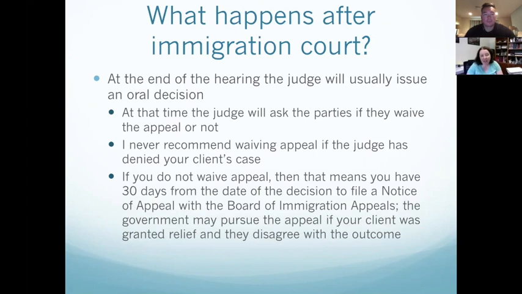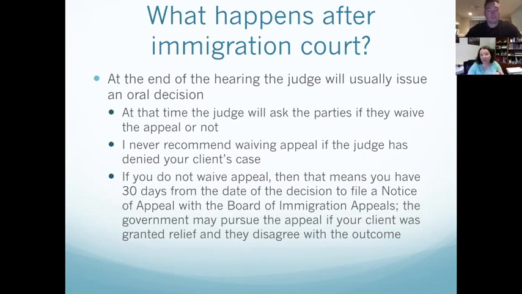If you decide to appeal, then you have 30 days to file the notice of appeal with the Board of Immigration Appeals, which is the court in Virginia. The notice of appeal is available on the EOIR website. It's like a 5-page form, and it gives you all the information about what you need to fill out.